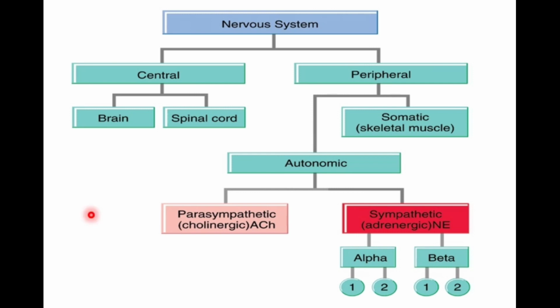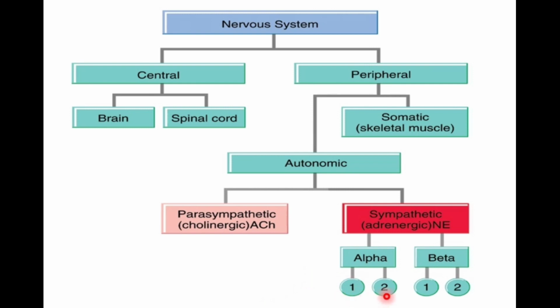Adrenoreceptors are classified into alpha and beta adrenoreceptors. The main pharmacological classification into alpha and beta subtypes is based on the order of potency of agonists as well as selective antagonists.